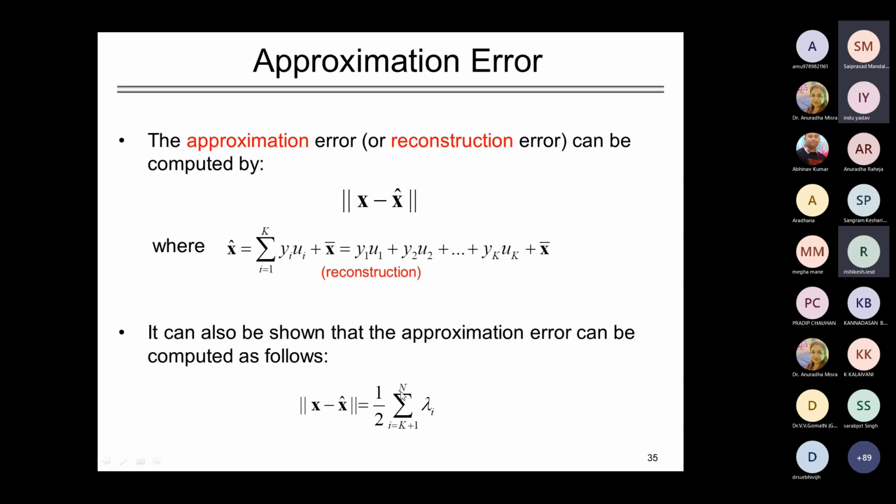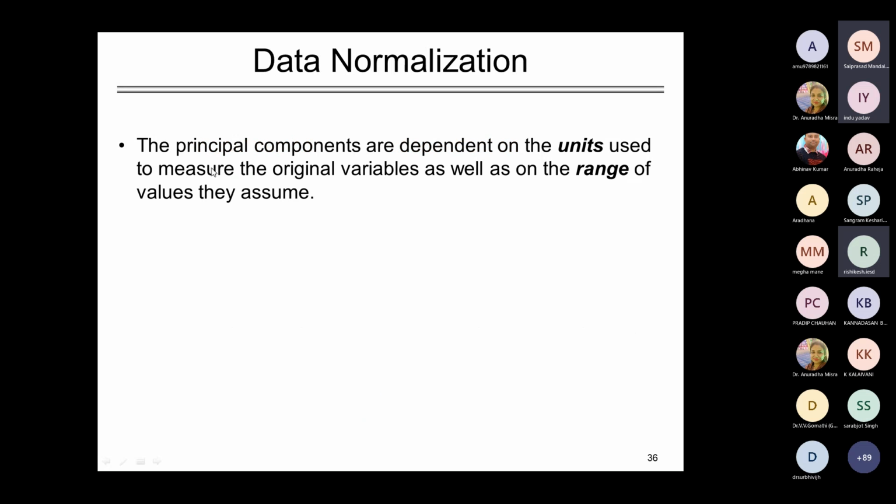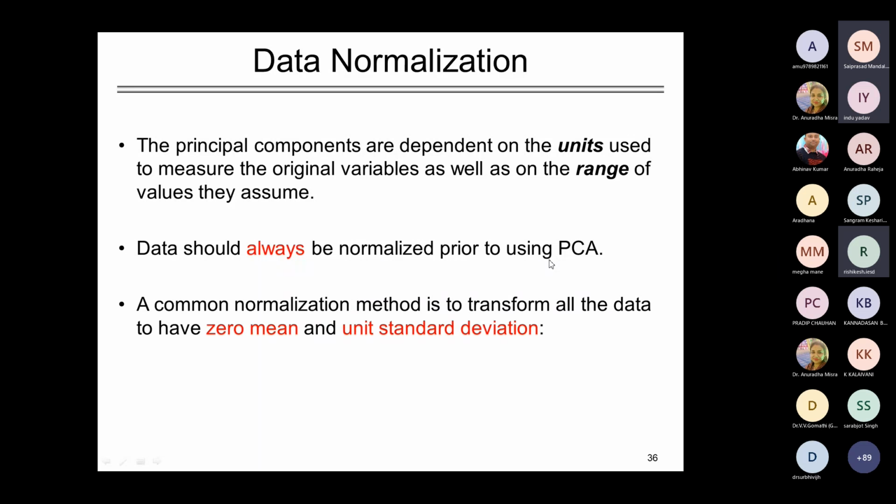Data normalization. The principal components are dependent on the units used to measure the original variables as well as on the range of values they assume. Data should always be normalized prior to using PCA.